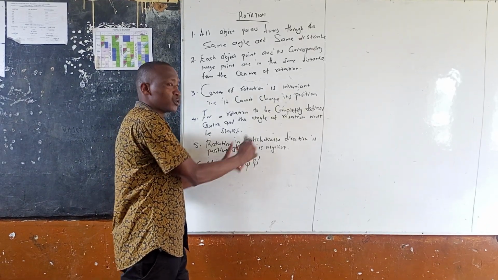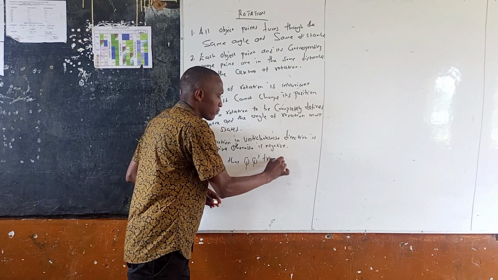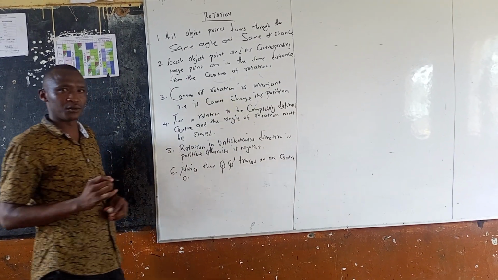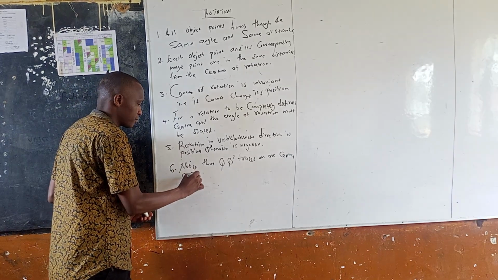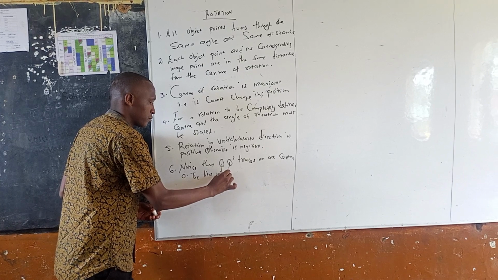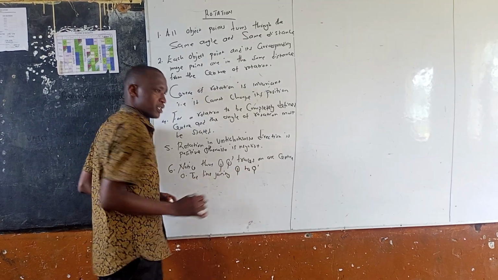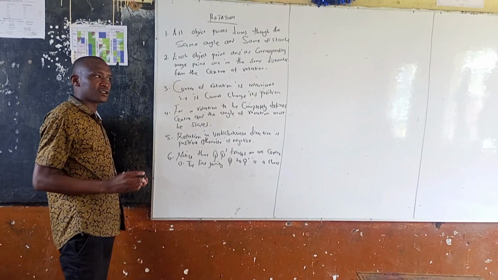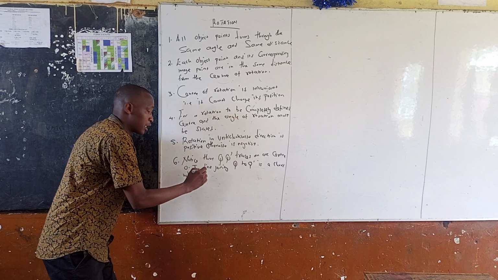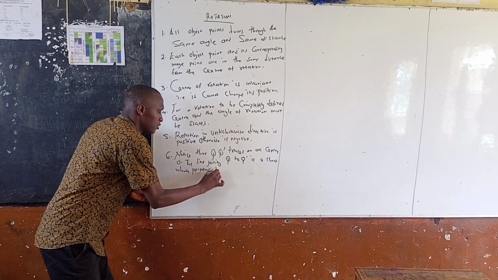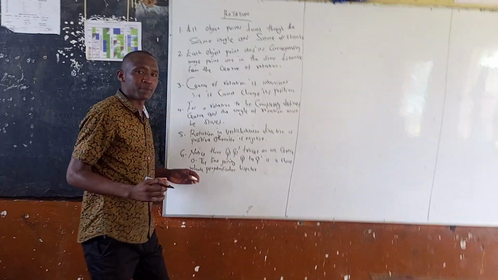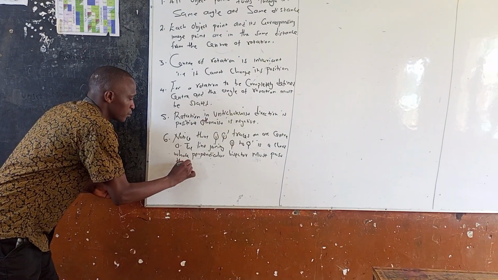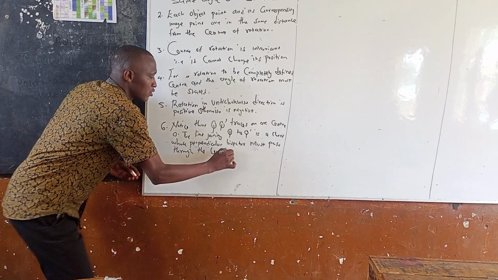When you have rotated Q to Q image, it traces an arc, center O. The line joining Q to Q image is a chord whose perpendicular bisector must pass through the center of rotation.